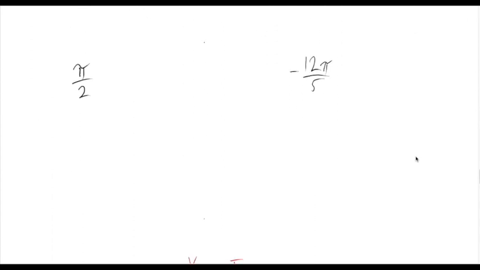So let's talk about radians. With radians, we basically work with fractions. It's going to be the exact same thing, where I just need to add 2 pi or subtract 2 pi from these numbers in order to get the location.